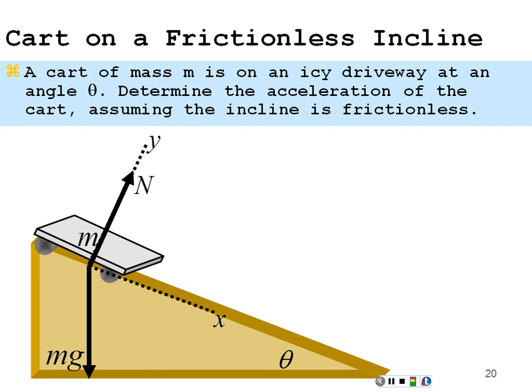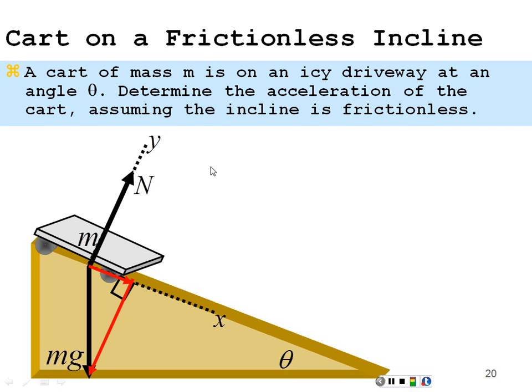It's always perpendicular, or normal, to the surface that this object is resting on. In this case, the cart is resting on the incline. Normal to the incline at a 90-degree angle is what we call the surface pushing force, or the normal force. These are the only two external forces acting on this cart.